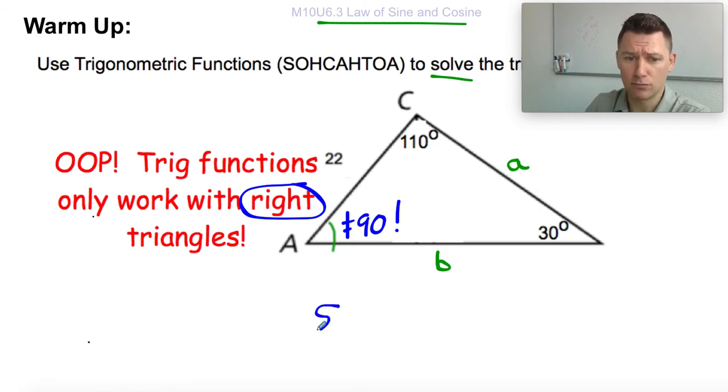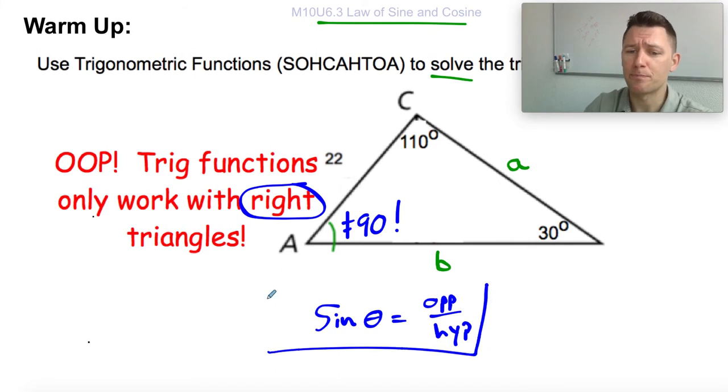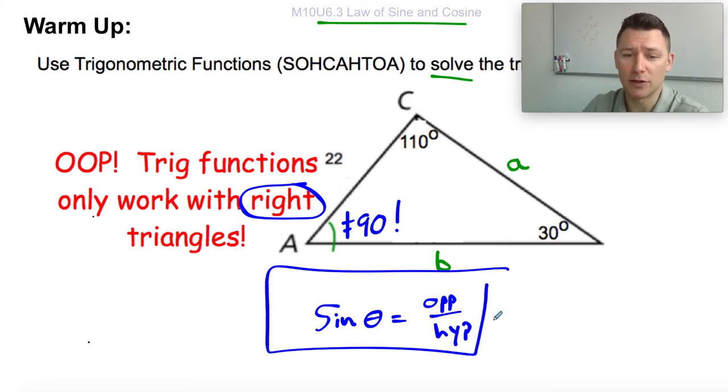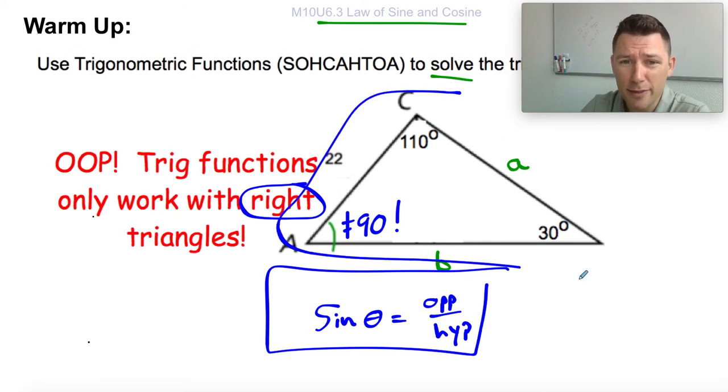Sine of theta, sine of an angle, is the opposite over the hypotenuse. That only works with right triangles. Pythagoras, SOHCAHTOA, they only work with right triangles. So we're at a standstill, right?